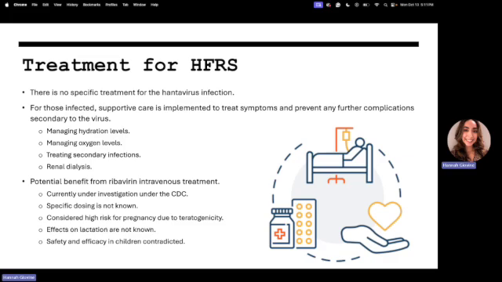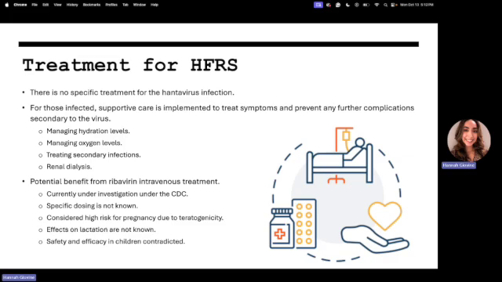Ribavirin has been used in some parts of Europe and in Asia to treat hemorrhagic fever with renal syndrome, with some cases actually showing effectiveness in successfully treating the disease. As of now, ribavirin is not currently FDA approved to treat hemorrhagic fever with renal syndrome in the United States. The ongoing study that is happening now is being done under the CDC.